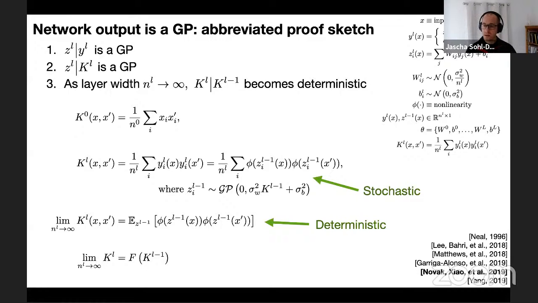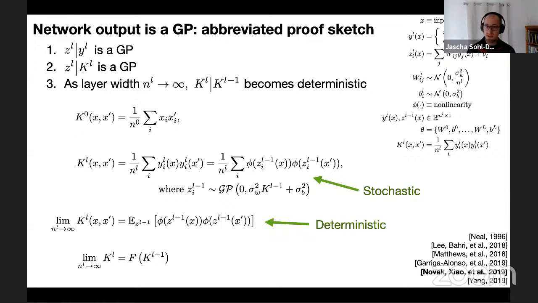For many common architectures and nonlinearities, we can compute F analytically. For instance, we can do it analytically for ReLU networks or for error function nonlinearities. Even when we don't know how to compute F analytically, it turns out that in most scenarios, it only requires solving a 2D integral.